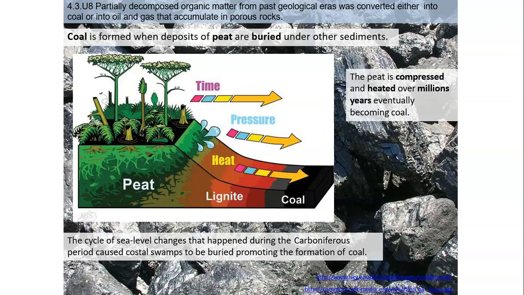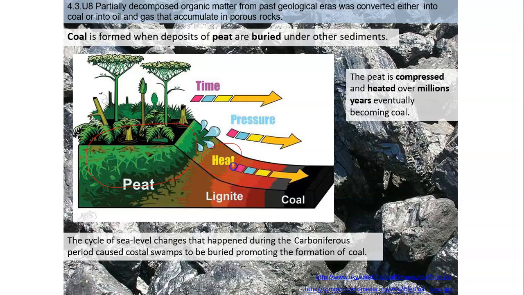Here we go, and see how this peat formation will end up in the formation of coal. Coal is formed when deposits of peat are buried under other sediments. These are the peat already formed, and this deposit of peat is compressed and heated over a million years, and eventually it becomes coal.